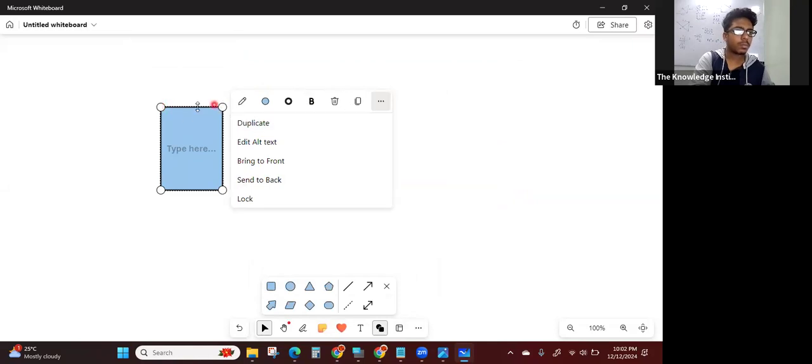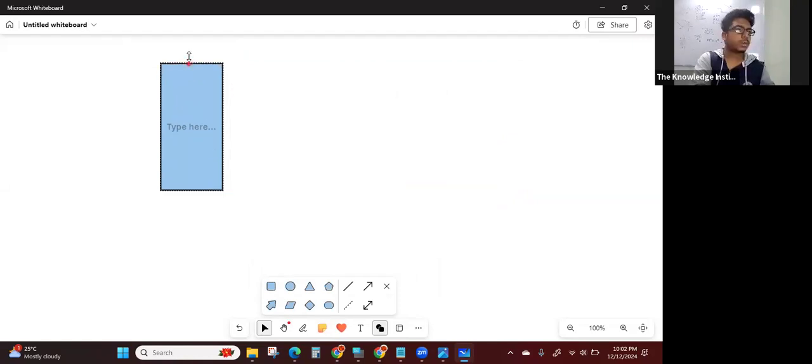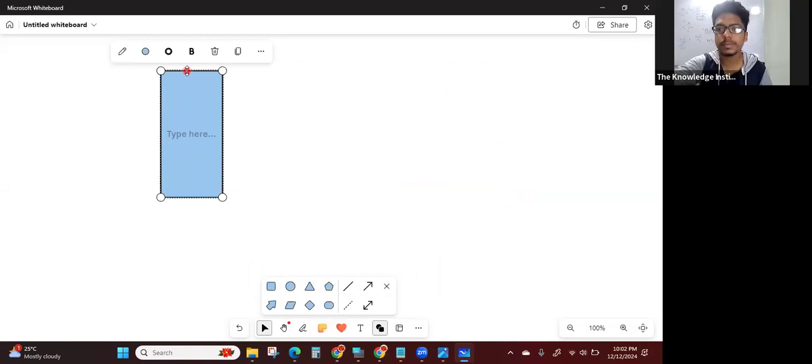So this has a rotating option. Let's say we have an object. Give me a second, guys.